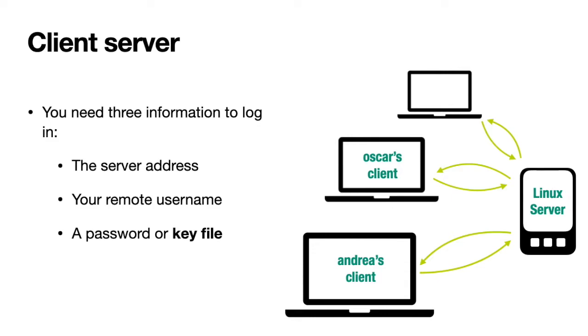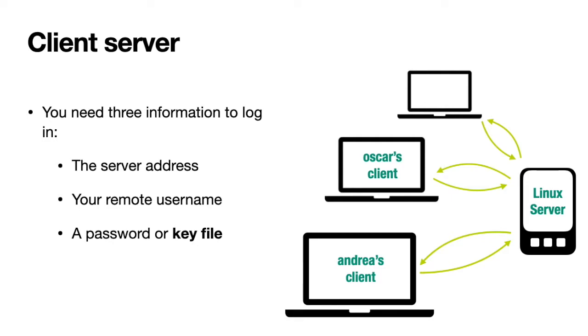Generally speaking, when there is a Linux server that you want to use, you need three things. First, the server address. That can be an IP address or a domain. Then you need to know the remote username, so the username that you have in that machine that sometimes can be different from what you have in your local machine, and some form of authentication. In the past, it was very common to use passwords.